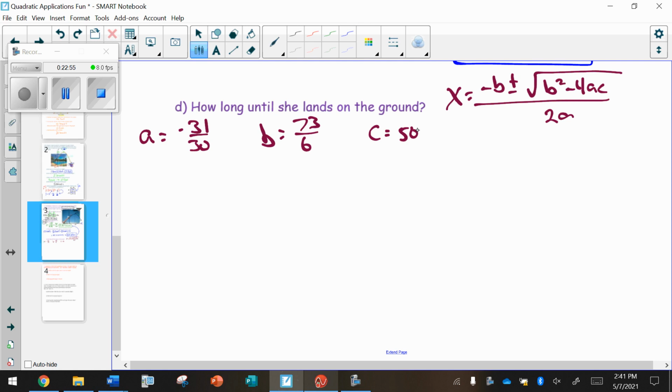It's a good time. So we got to put all these numbers into our quadratic formula.